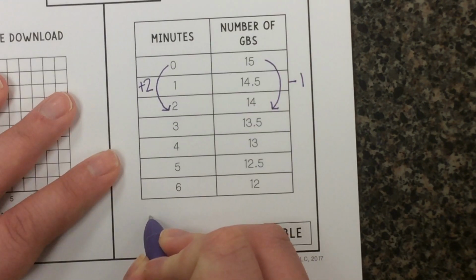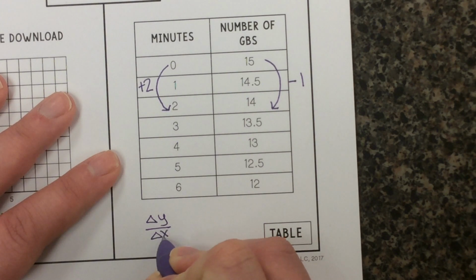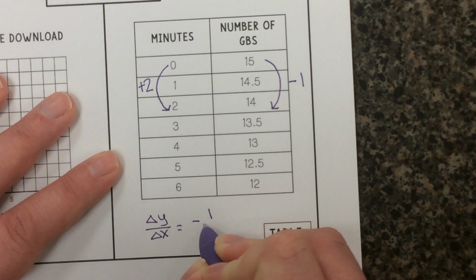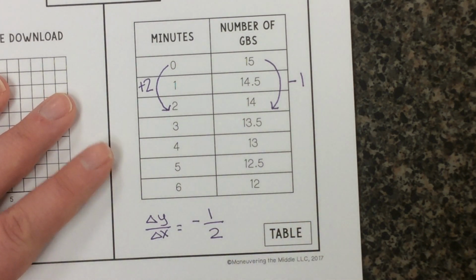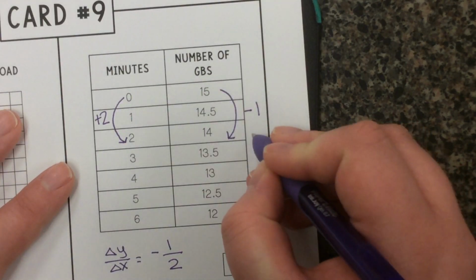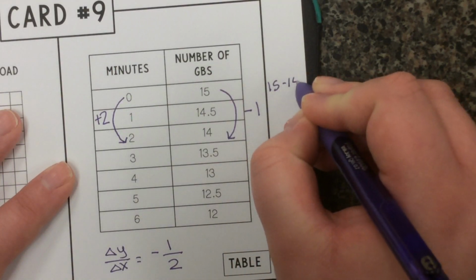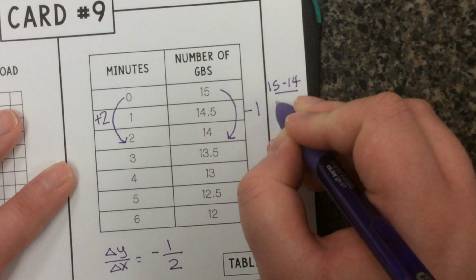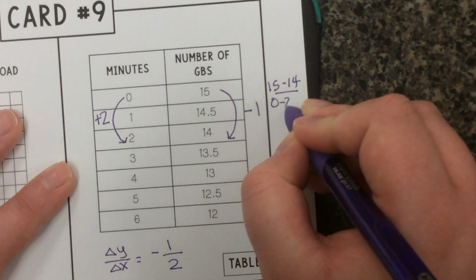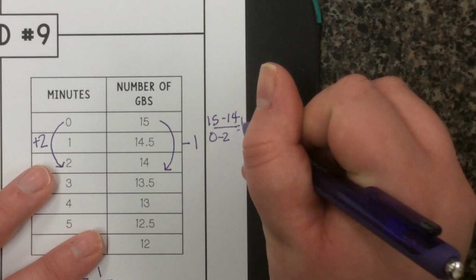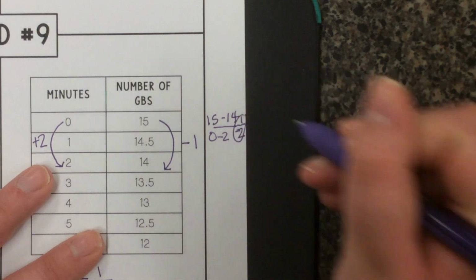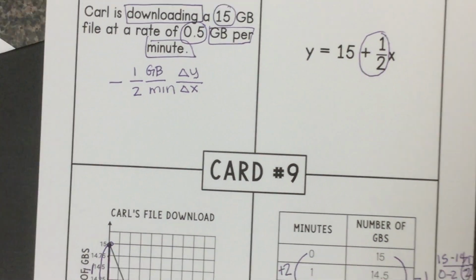So we've got our change in y again over our change in x. And we changed down 1 over those 2 minutes. Or you could have done 15 minus 14 over 0 minus 2, which will be 1 over -2, which we know is the exact same as -1 over 2. So either way, the equation does not match.